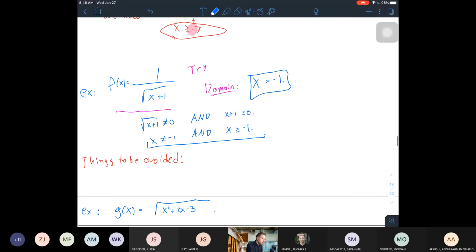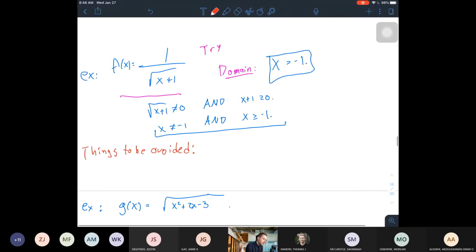All right, so there's two things really that we need to avoid when we're checking the domain. So it's even-powered roots of negative numbers and dividing by 0.